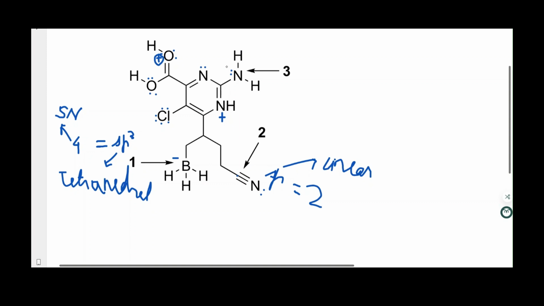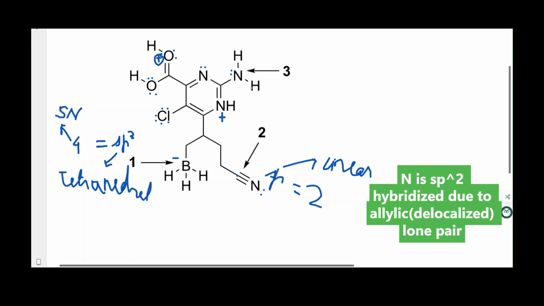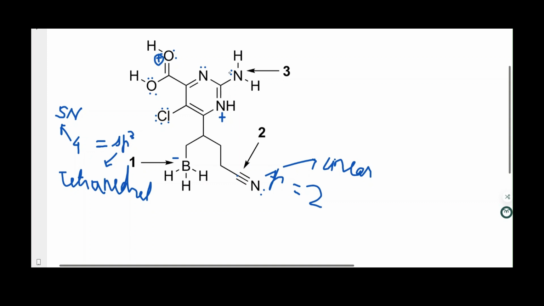So that's why we're not going to include it in our hybridization, because it's going to be a part of the resonance system in this six-membered ring over here. And that is why we're only going to count it as an sp2 hybridized nitrogen atom, because the steric number over here is only 3 and not 4, because of this lone pair, right? So over here we count lone pairs as 1 only. We don't count them as 2.